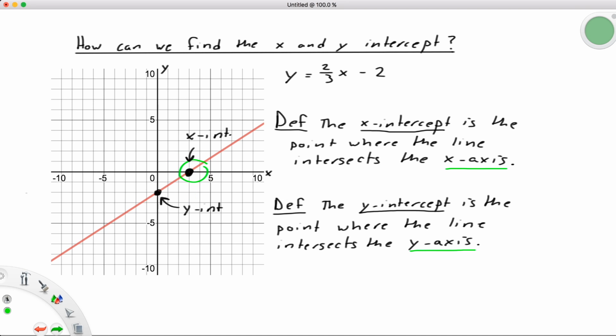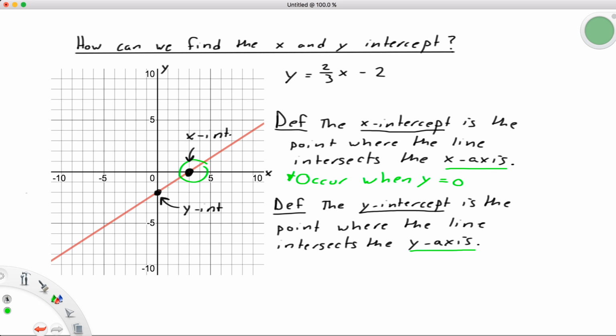It always has to have y equal to 0. We're not up at all, we're not down at all, we're always neutral in the vertical direction. So this will always occur when y is equal to 0.